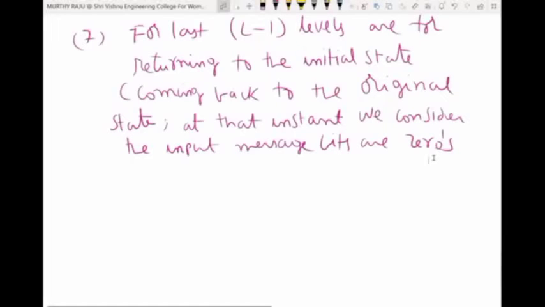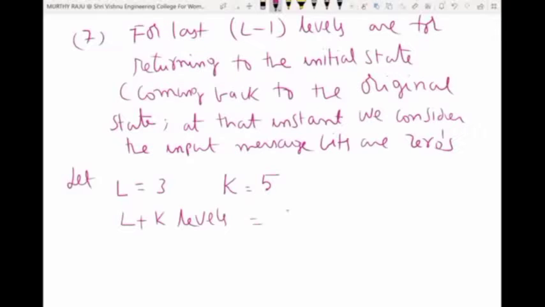There are some important points related to trellis structure construction. Suppose L is equal to 3, the constraint length of the convolutional encoder is 3. K is the message length; the incoming message length is 5 bits. Therefore, the trellis structure has L plus K levels, that means 3 plus 5, 8 levels.